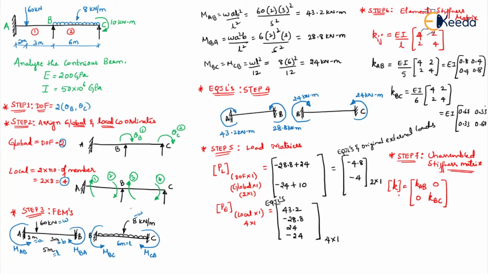So this will be of the order what? 4 will be here, 4 will be here. 2 rows, 2 rows. So totally it will be a 4 into 4 matrix. If you want to write it, what will be your k value?